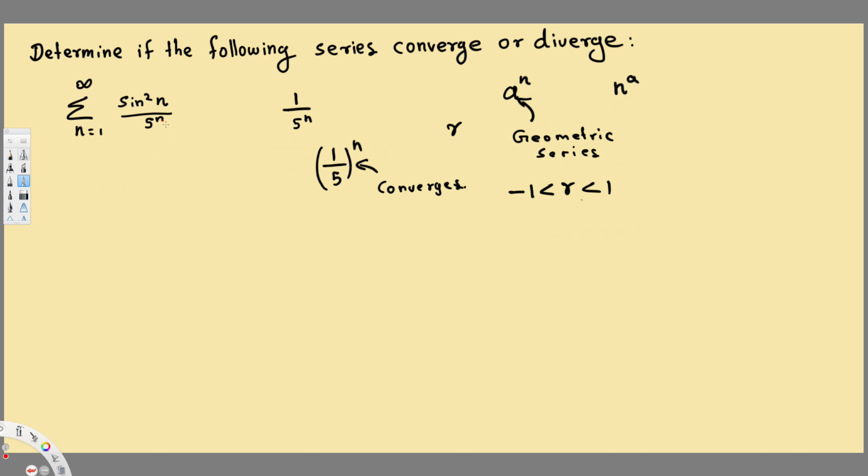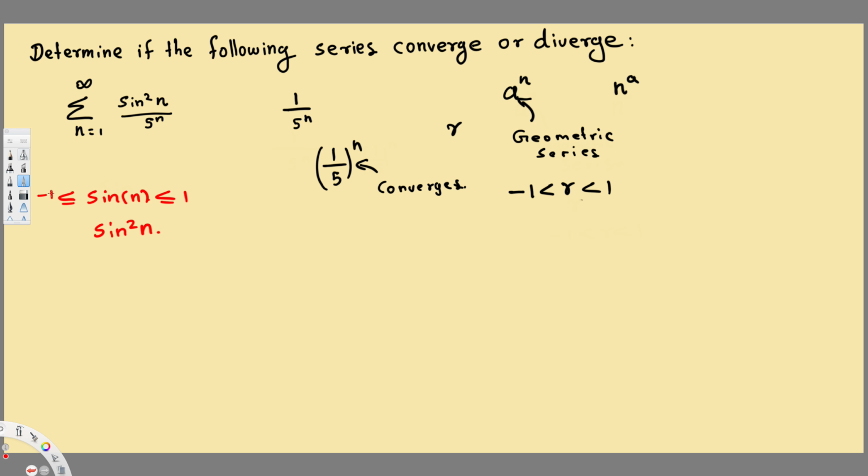For sine value, for example, if I take sine n, any value should be between -1 and 1. That's the main concept. So what about sine squared n? If you square this, that value is going to be between 0 and 1.